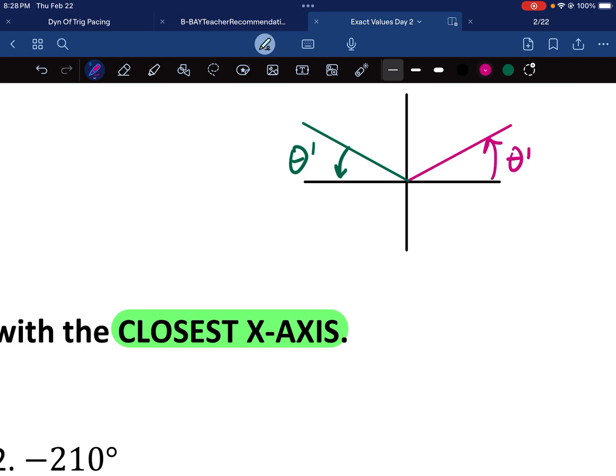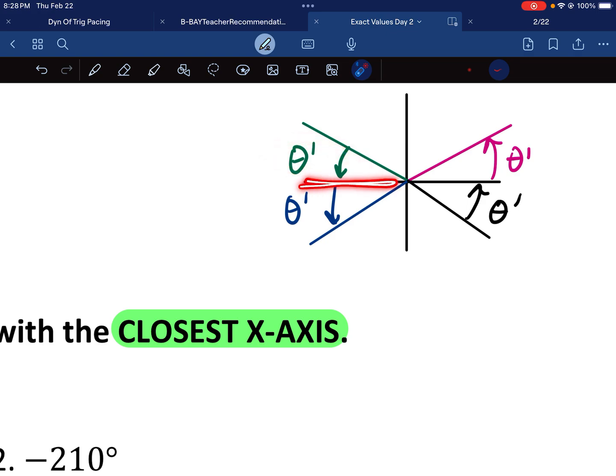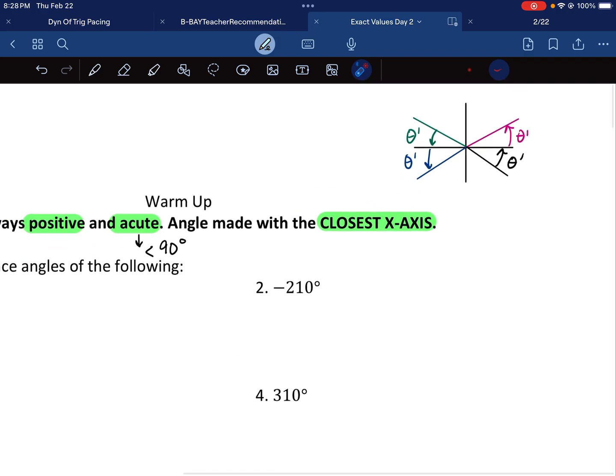If your angle is in quadrant 3, then your reference angle is here. If your angle is in quadrant 4, then your reference angle is here. Notice it's always the angle made with the closest x-axis. So that's the big idea.